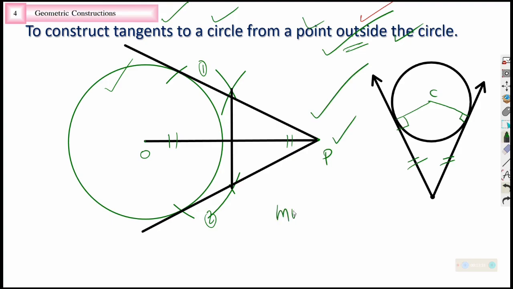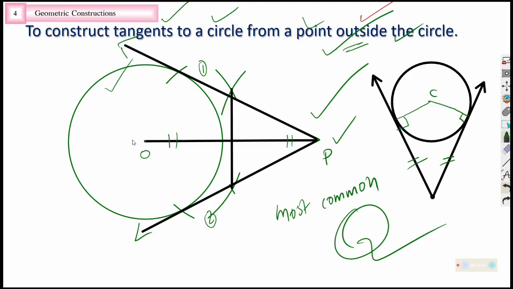Most common question in your question paper. Practice it. Easy, interesting. And you will be drawing all this with pencil, not with color and all. Instead of a scale, I used the lines directly because scale management is a little tough on a digital screen.